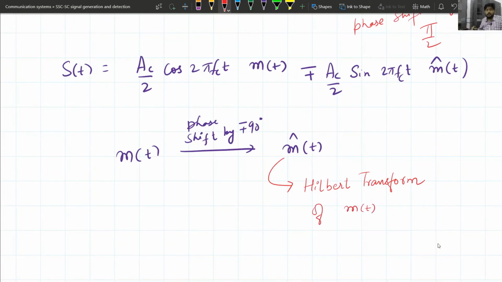Just like we have Fourier transform and Laplace transform, this is called the Hilbert transform of m(t). The only difference is that for Fourier transform, the time domain is transformed into the frequency domain. But in case of Hilbert transform, the time domain is transformed into time domain only, but with a phase shift of π by 2.